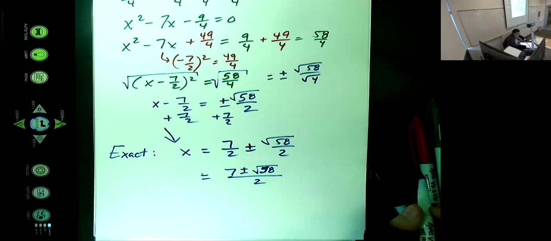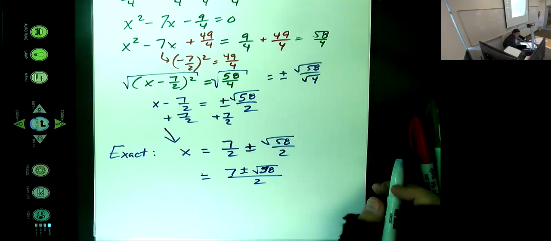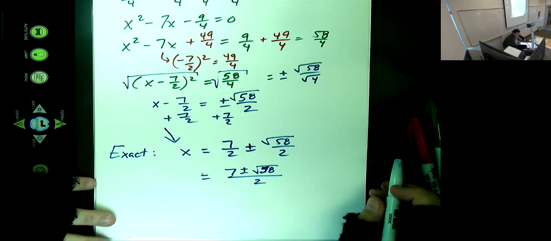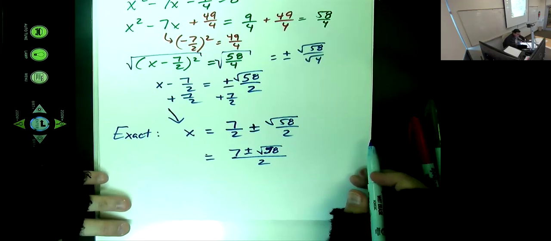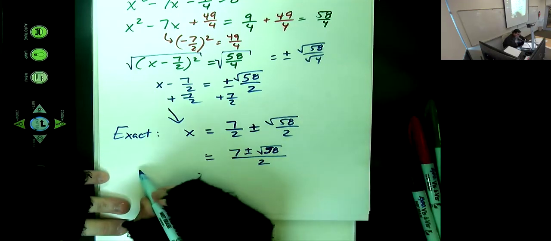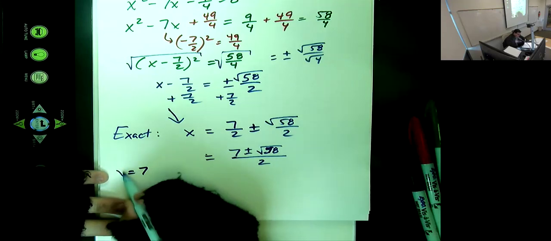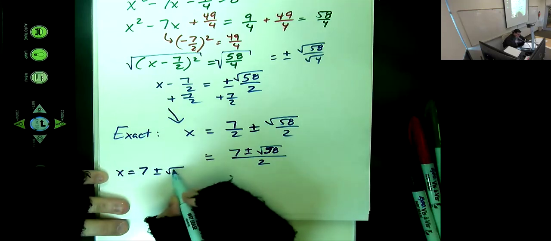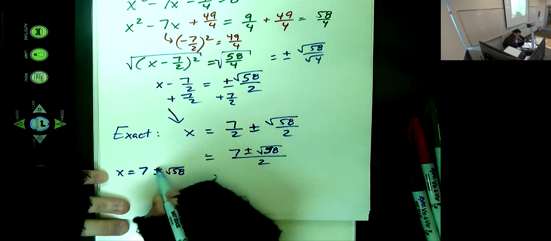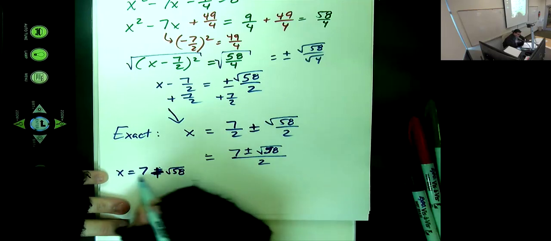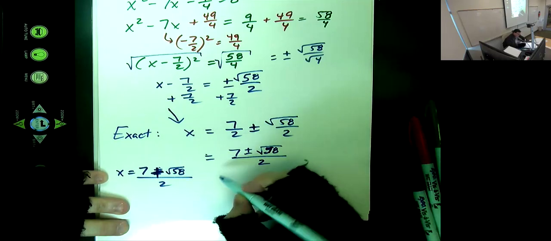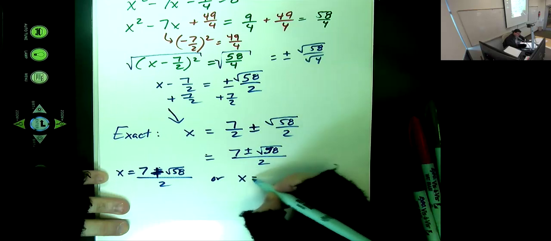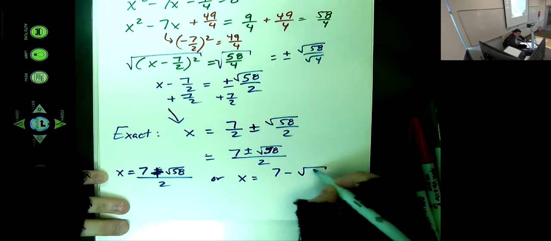Put them all as 1. And remember that means x equals 7 plus square root of 58 over 2, or x equals 7 minus square root of 58 over 2.